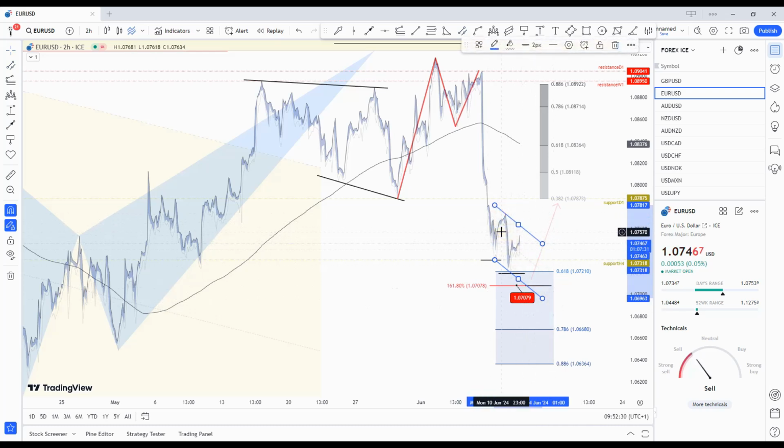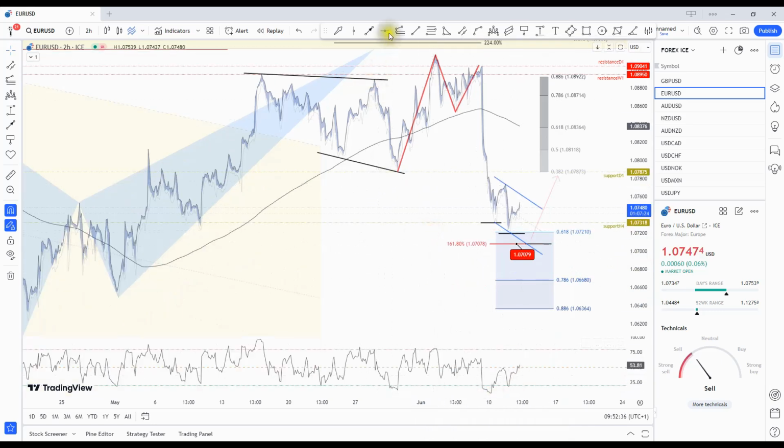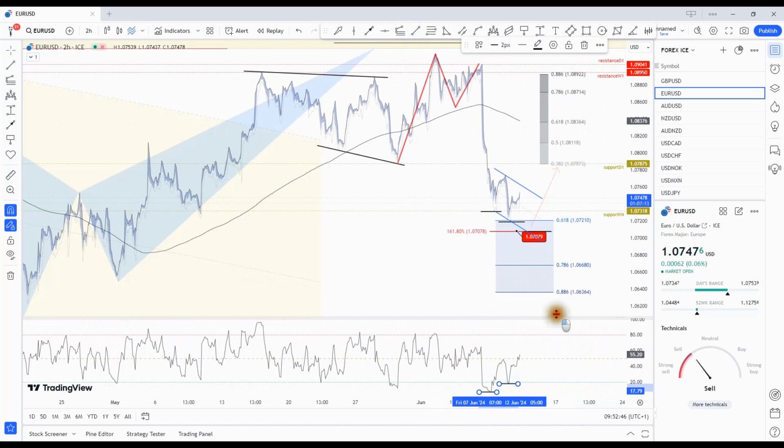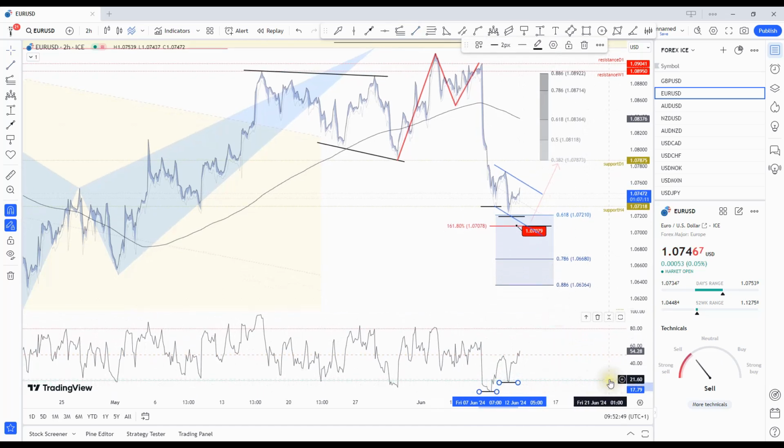So we are talking about a potential channel, or a kind of parallel channel, and those lows should be printed in divergence. So we have the first low already oversold. We have the second one also extreme readings, as you can see.